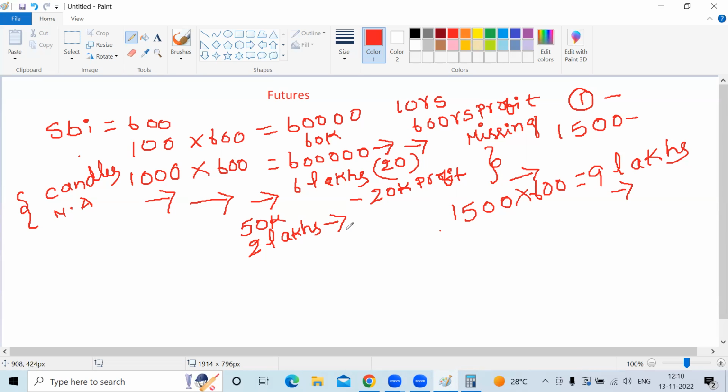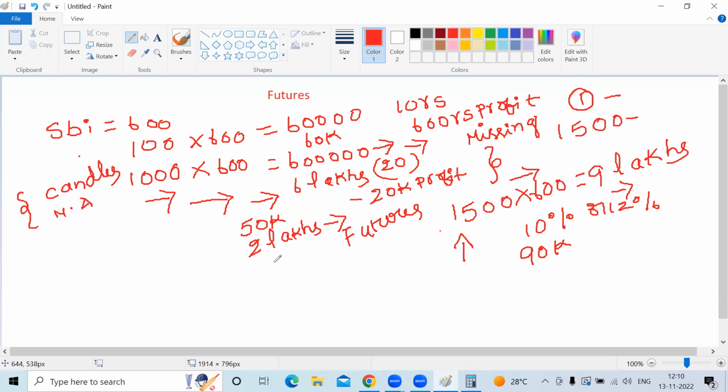But the advantage of futures is you don't need to pay this much amount. Say out of 9 lakhs, you have 10% or 12%. For our example, I will take 10%. That means if you have 90,000 in your account, you can enter this future contract.